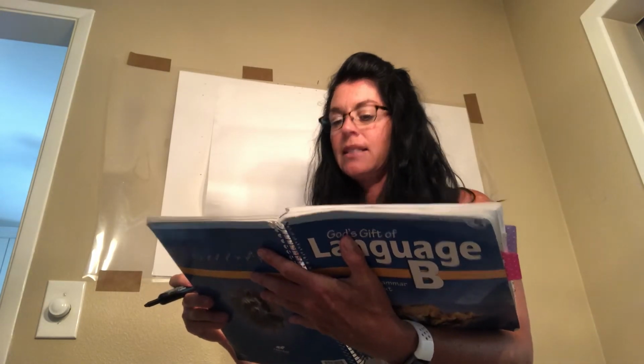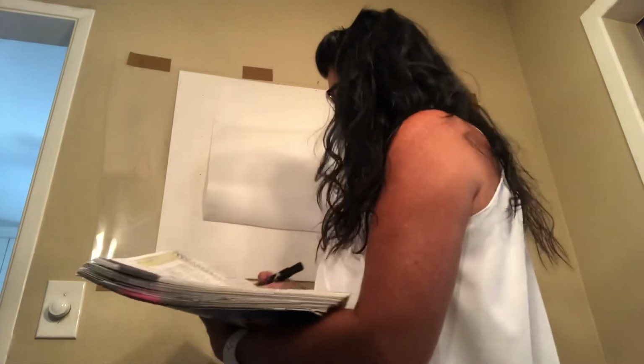Okay, go to number 2. It says place the accent mark after the accented syllable in the following words. If a word has more than 1 accent mark, mark clearly which one is stronger by making it darker, okay? So let's look at sachet, okay? They have it written S-A.